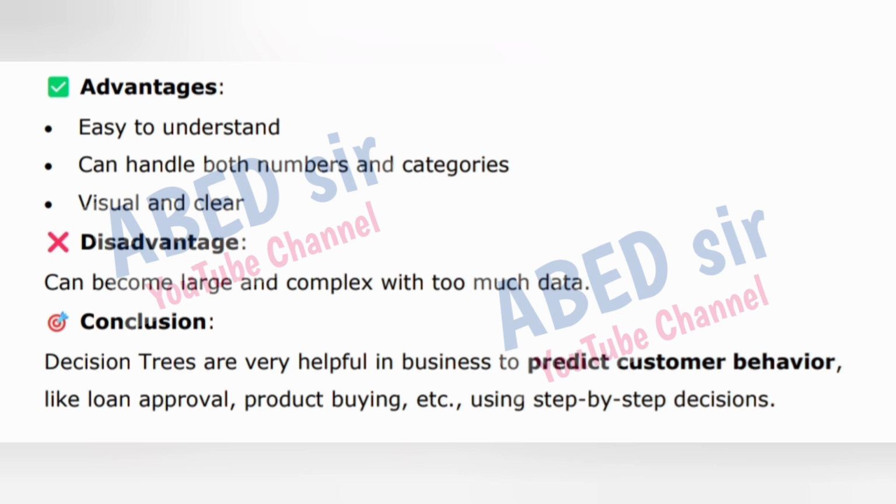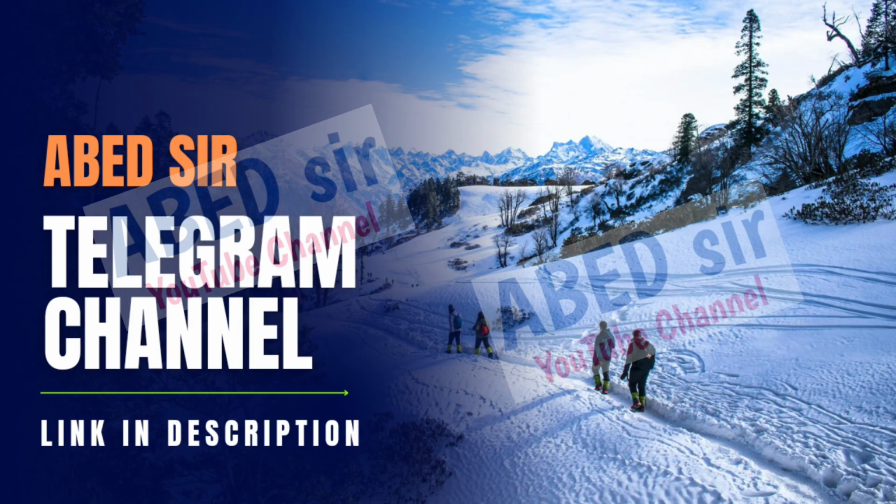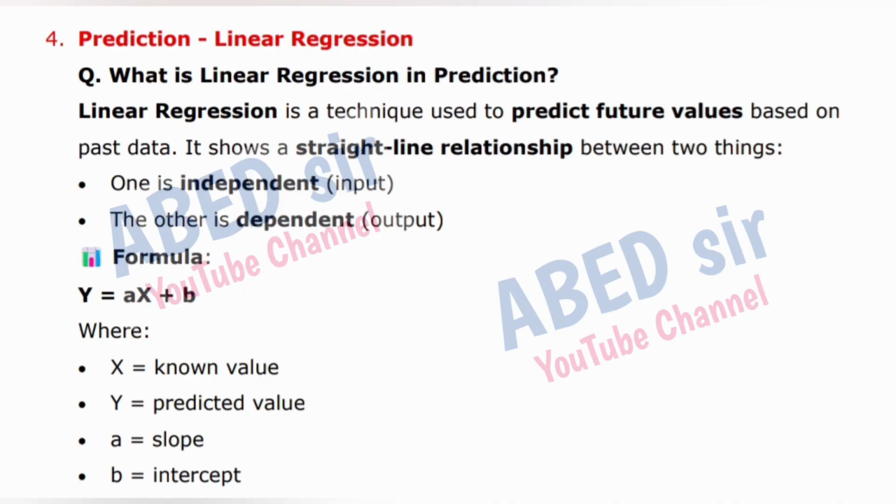Visual and clear. Disadvantage: can become large and complex with too much data. Conclusion: decision trees are very helpful in business to predict customer behavior, like loan approval, product buying, etc., using step-by-step decisions.